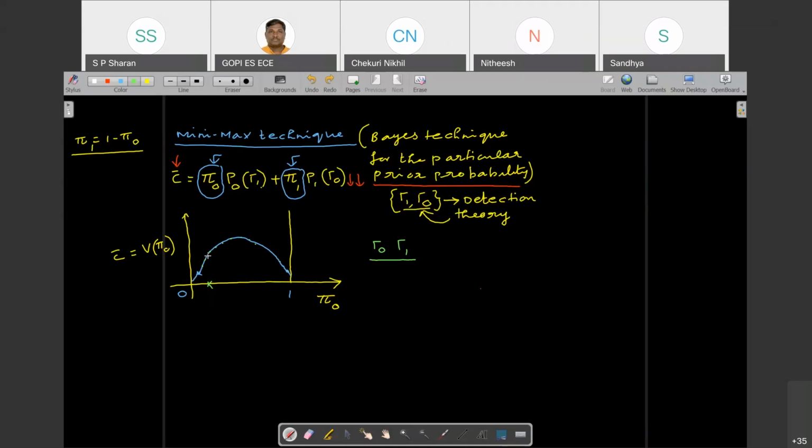That is because we got a particular gamma naught and gamma 1. Once gamma naught and gamma 1 are fixed, those probabilities are fixed. But your prior probability is deviated. So now the cost function in real time is going to be a function of p, and that is going to be that line.